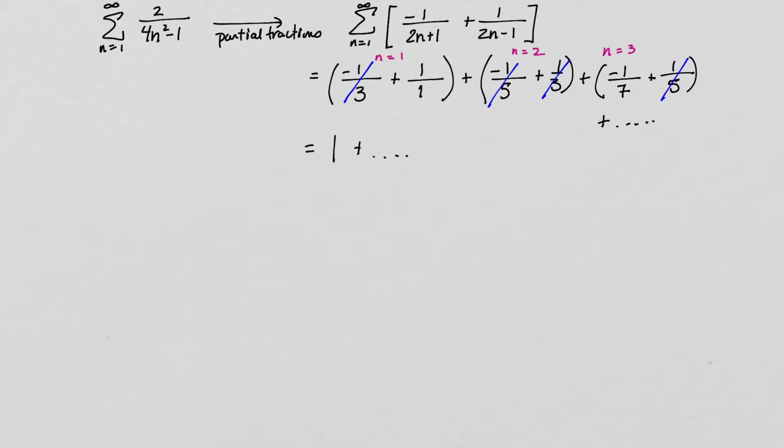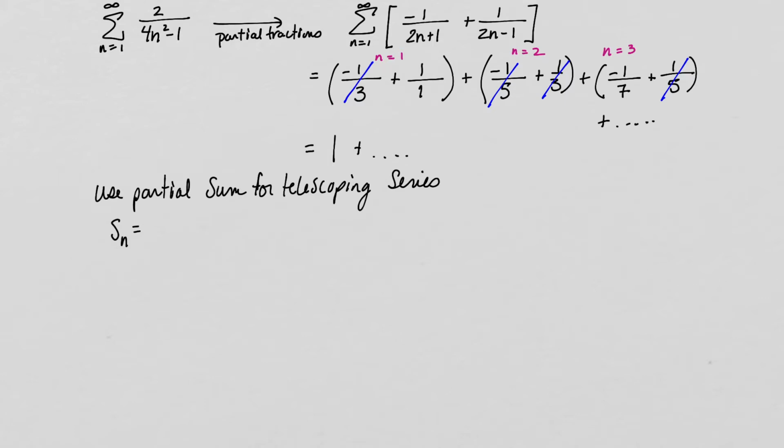Telescoping series is another one where we can look at the partial sum. So we can use the partial sum for telescoping series. What we're going to write down is the s sub n sum, so we're going to go out to the nth term. It's going to look like this: I had negative 1/3 plus 1/1, plus negative 1/5 plus 1/3, plus negative 1/7 plus 1/5.